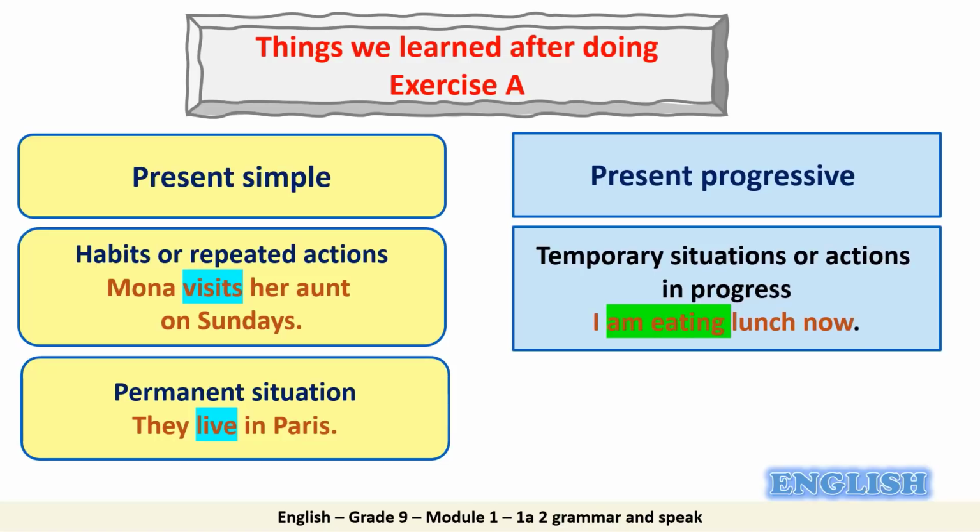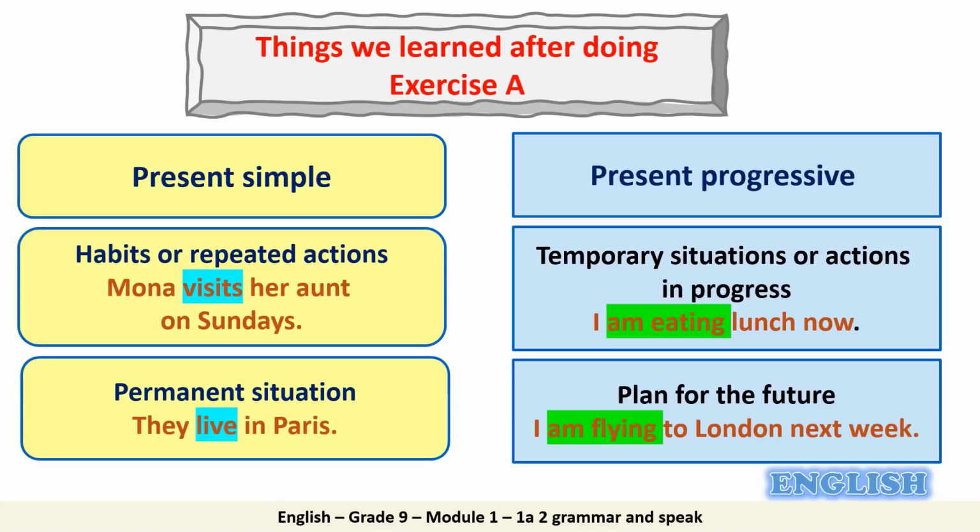Present progressive: for temporary situations or actions in progress. For example, I am eating lunch now. Plan for the future. For example, I am flying to London next week.